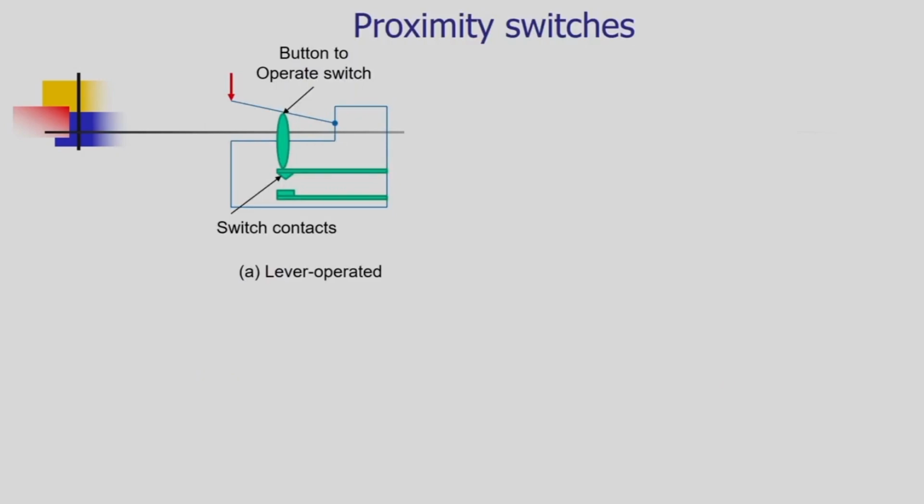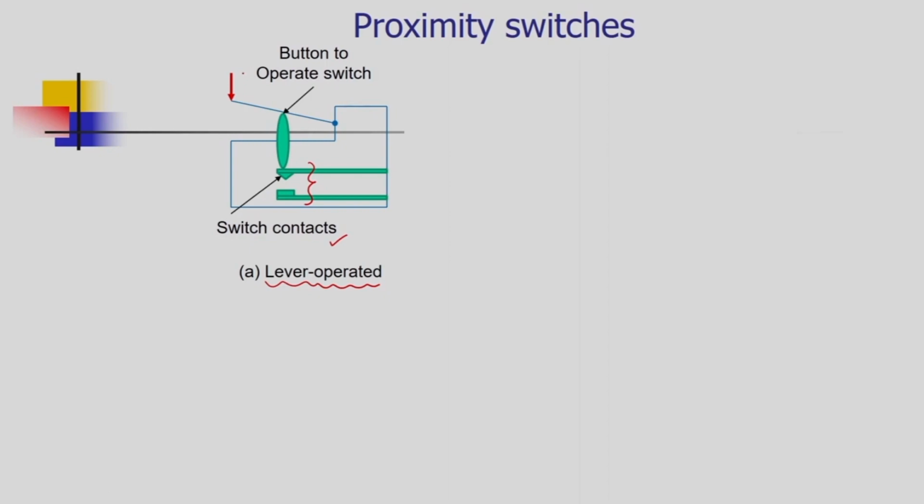The next group of proximity switches works on the principle of electrical connection. Now, a simple arrangement, a lever operated arrangement, can be seen on your screen. It has switch contacts, and these switch contacts are operated by a switch. It is a simple button switch.